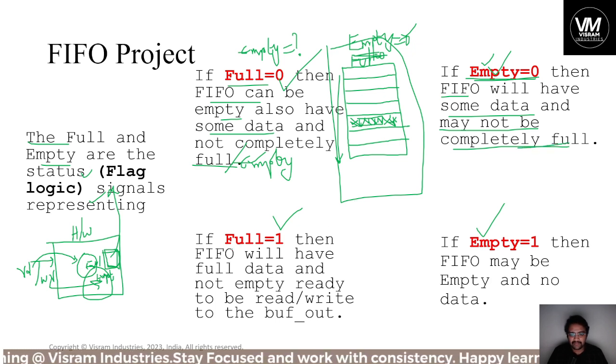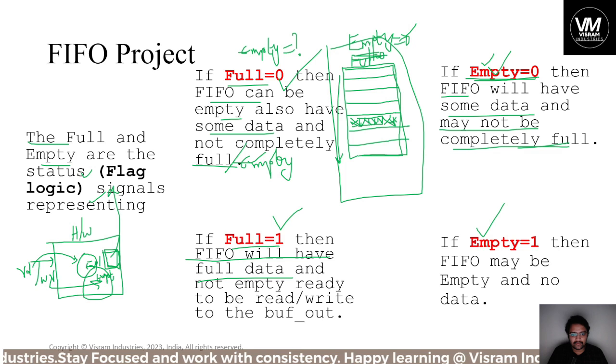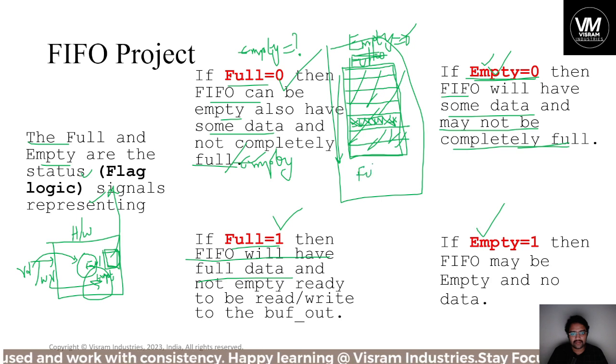In the same way, if full is equal to 1, then the FIFO will have full data. Full is equal to 1, the FIFO will have full data, and not empty.